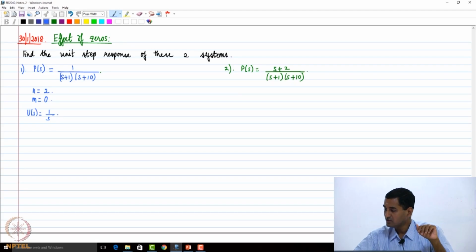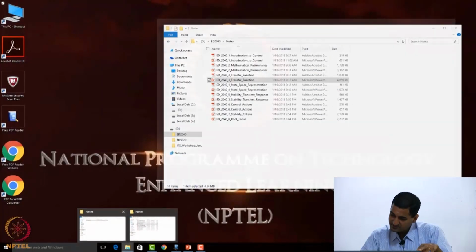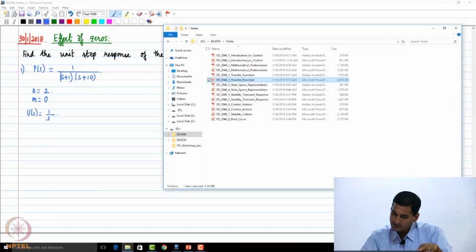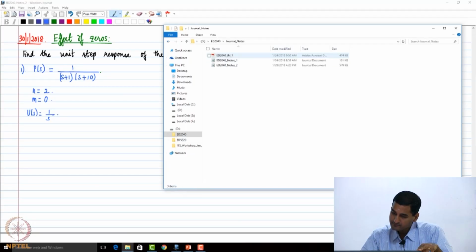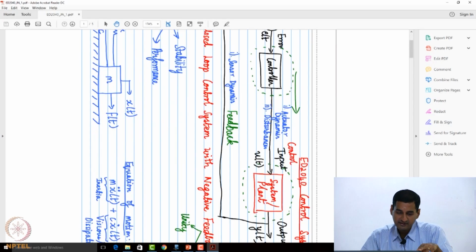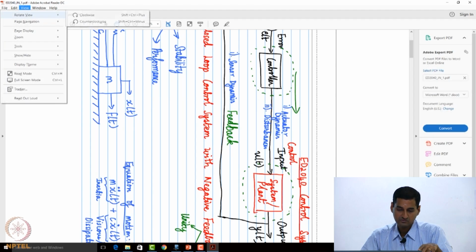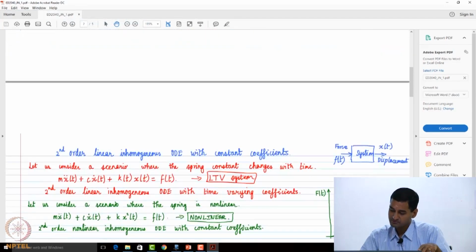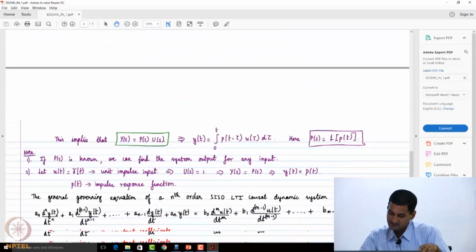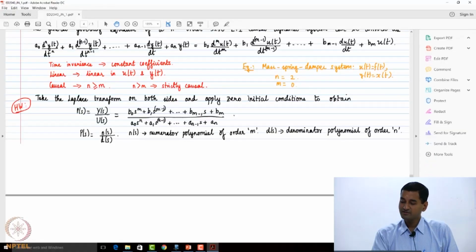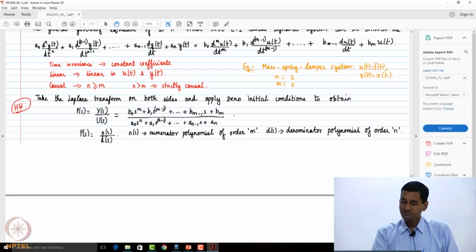If you recall what we did sometime last week, let me go back and look at this equation: a0 d^n y/dt^n plus a1 d^(n-1) y/dt^(n-1) and so on.